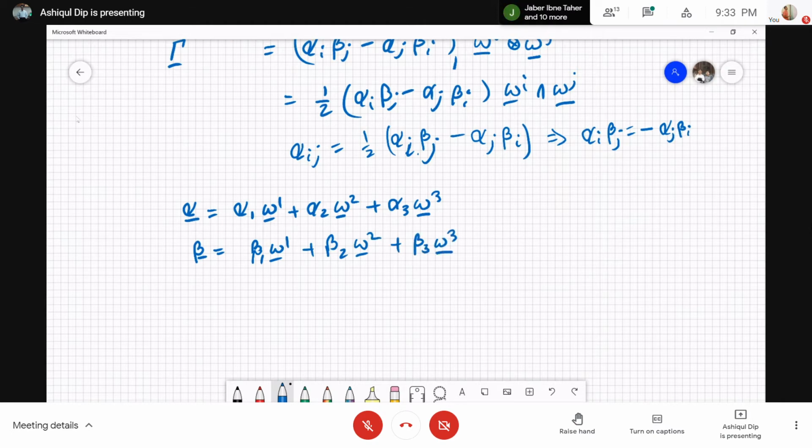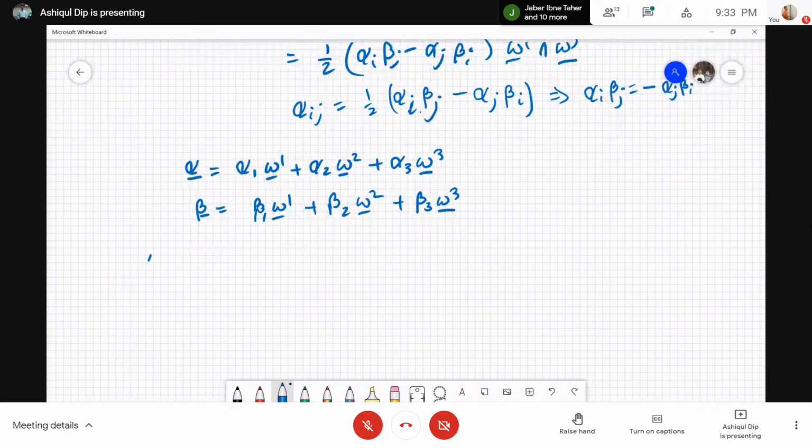Now take the wedge product. That gives you alpha 1 beta 1 omega 1 wedge omega 2. Alpha 1 times beta 1 is not necessarily 0, but that's going to get killed by this part.